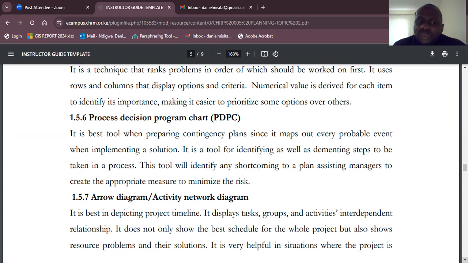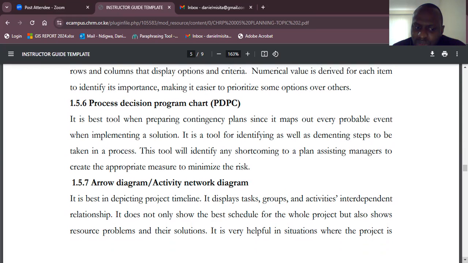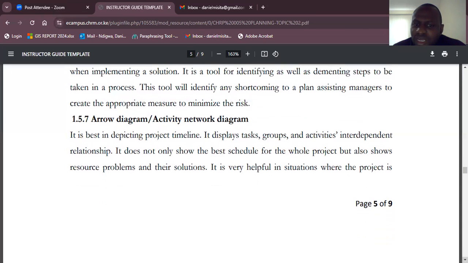And this is where the process decision program comes in. And managers will be able to understand the processes. And by understanding the process, it becomes easy to come up with solutions to various problems that they are facing.